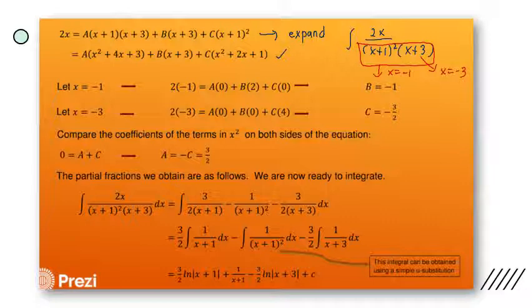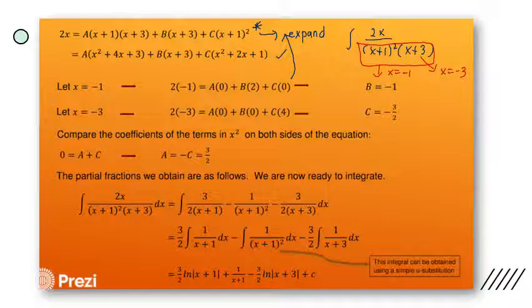So when x equals negative 1, we substitute into this equation. We get 2 times negative 1 equals a times 0 plus b times 2 plus c times 0.